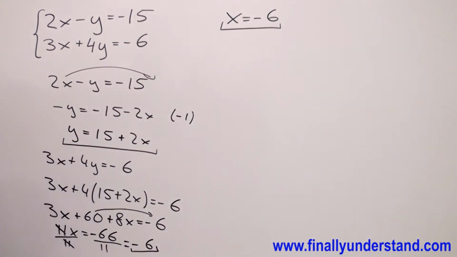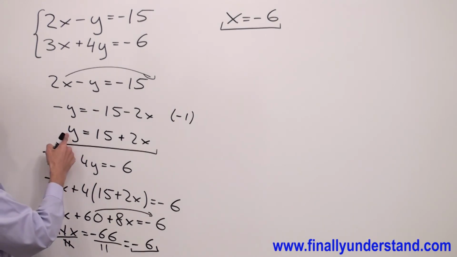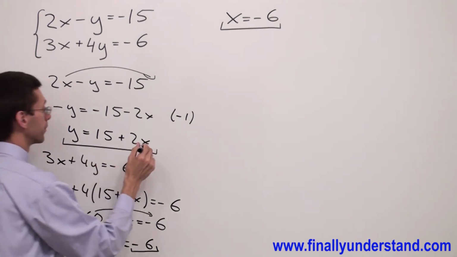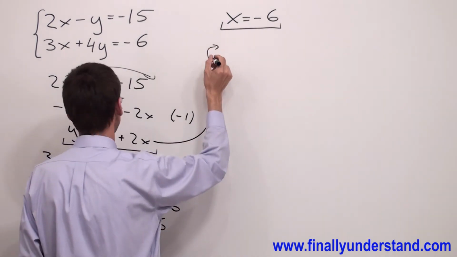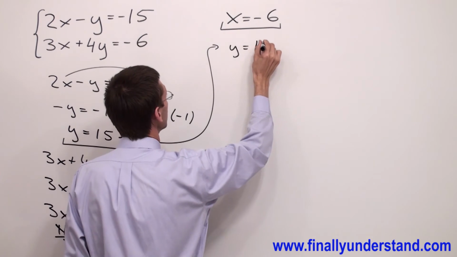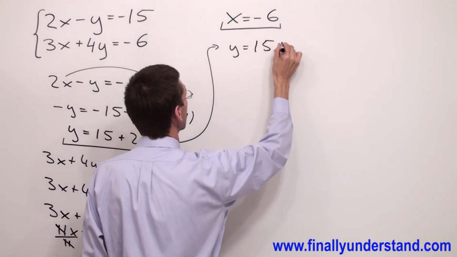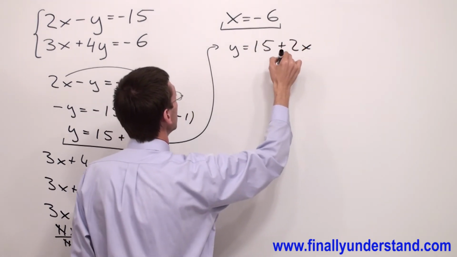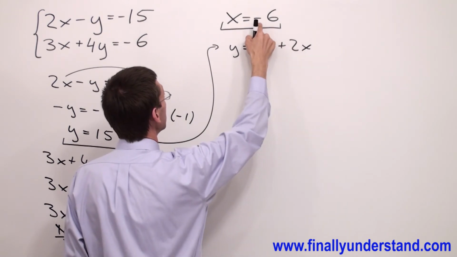Now we can find the value of y. I'm going to use this equation because this equation is already solved for y. I'm going to copy this equation down, and I have y equals 15 plus 2x. X I have to substitute by -6.